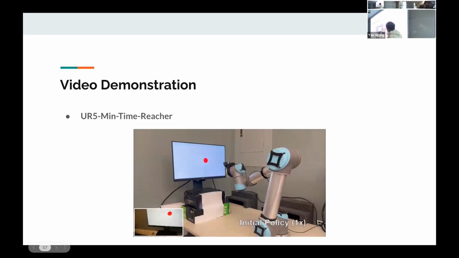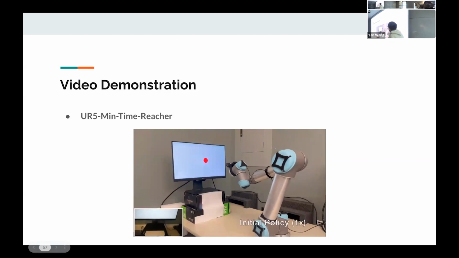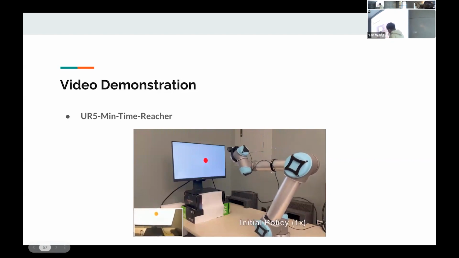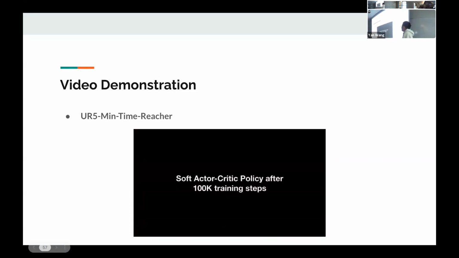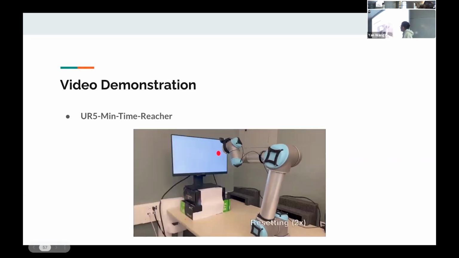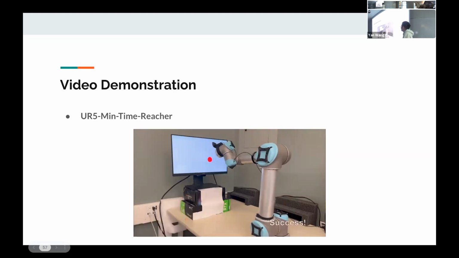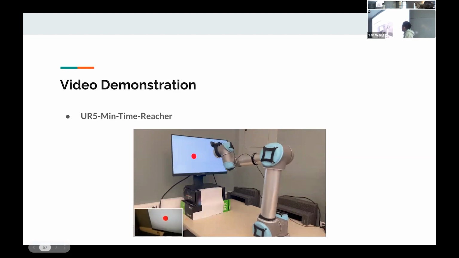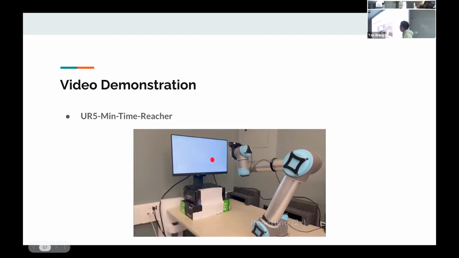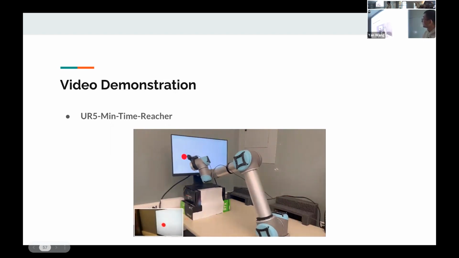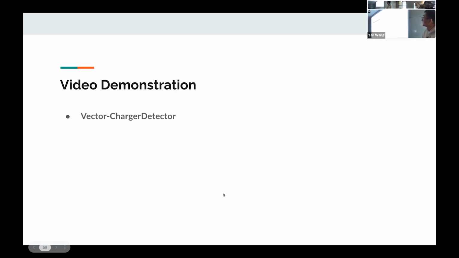This is the initial policy, so there is no meaningful movement. After training, it starts to reach the target. Compared to the previous version, it moves much faster. So let's move to the last one.